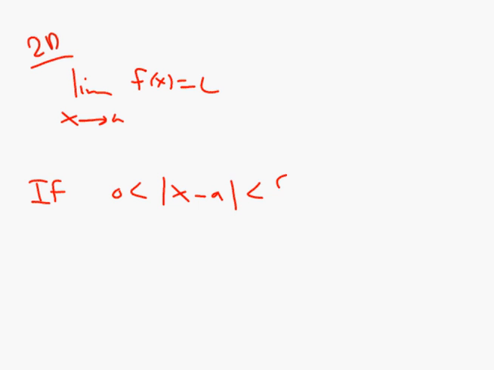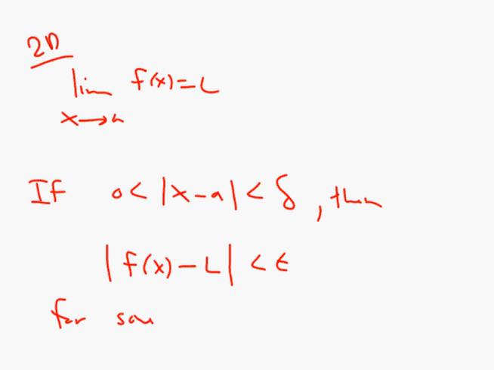If when x is within delta of a, then f of x is within epsilon of L for some delta and epsilon that are small and positive. Okay, and we have done plenty of proofs with that limit.